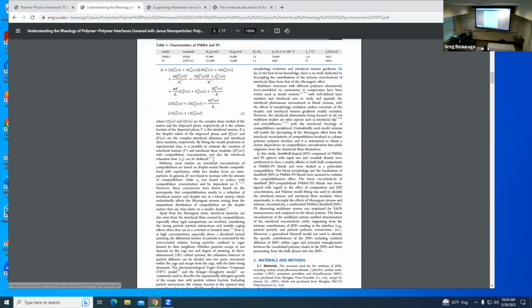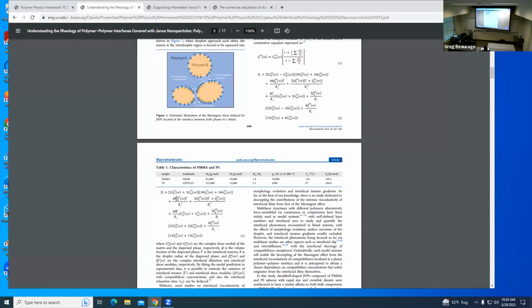The reason to use this complicated equation is because it's not following Maxwell behavior. It's got that kick out, and it also has that little thing that comes out. Those are the sources of the parameters.